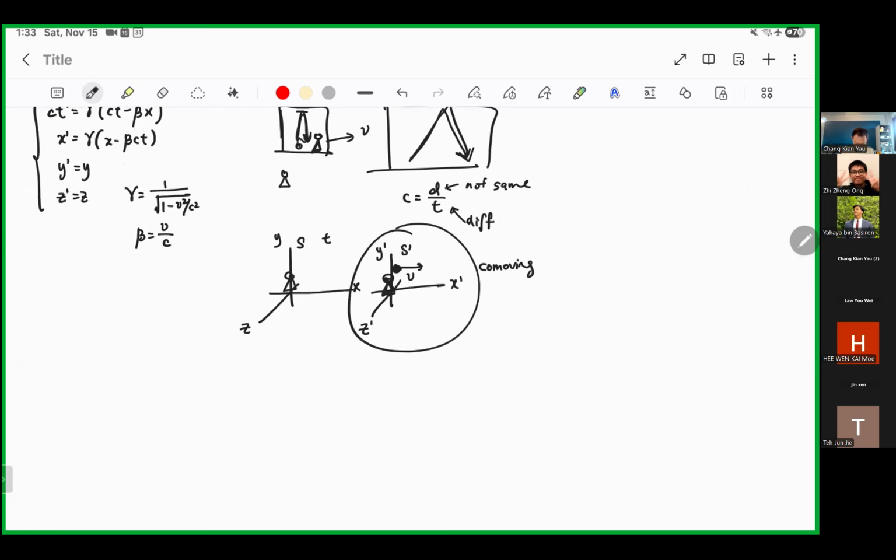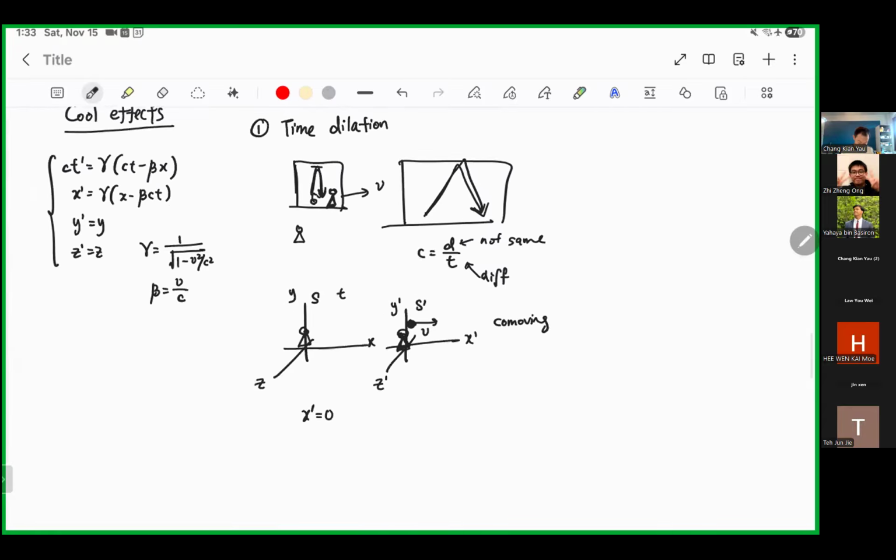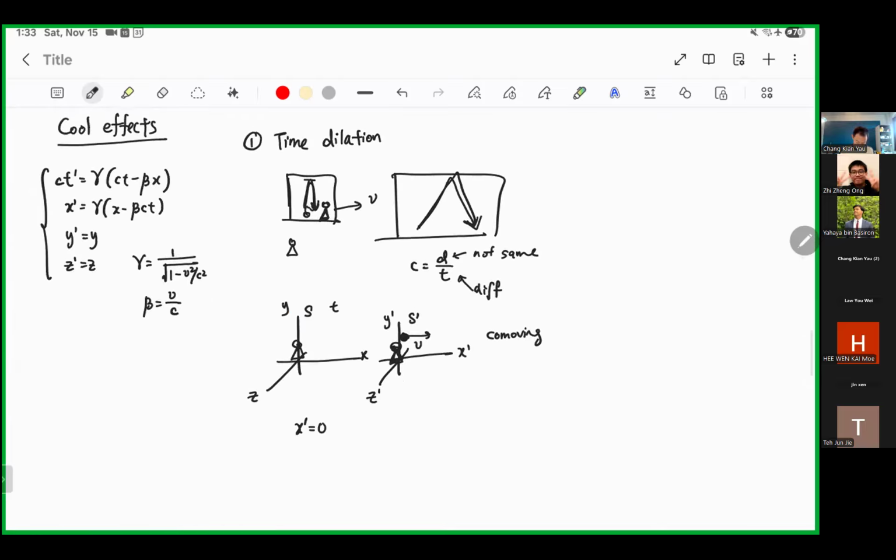Okay, so basically because this S prime frame is co-moving with this particle, x prime equals 0. If you look back at this, as Susan said, there are two different times here.